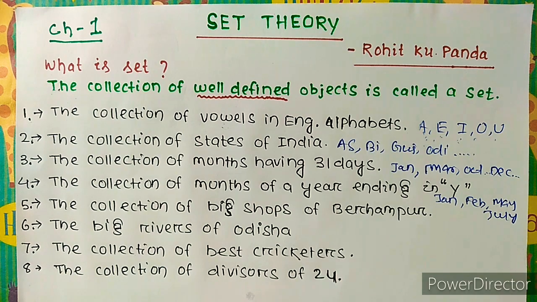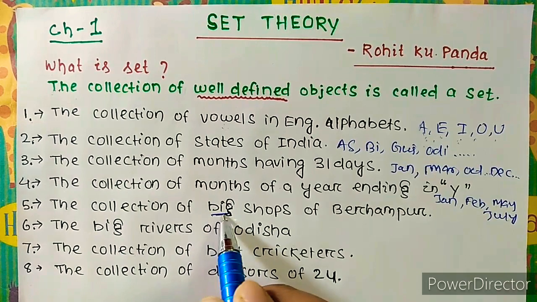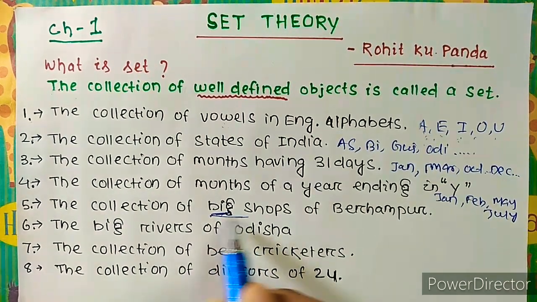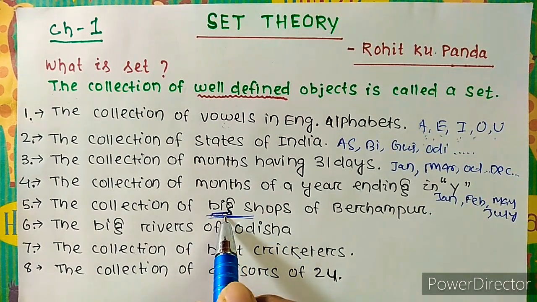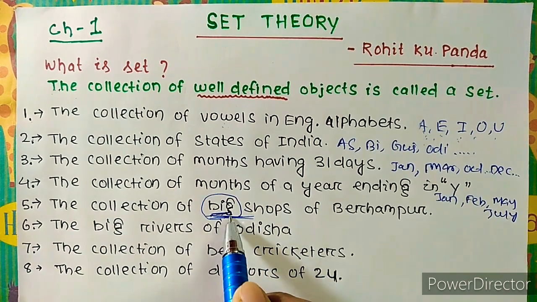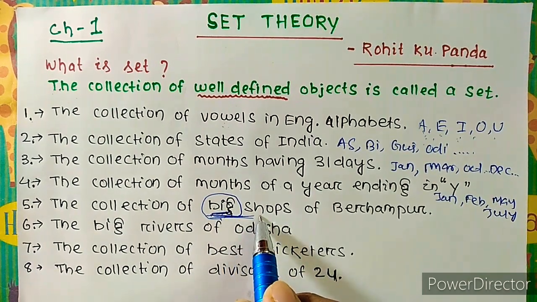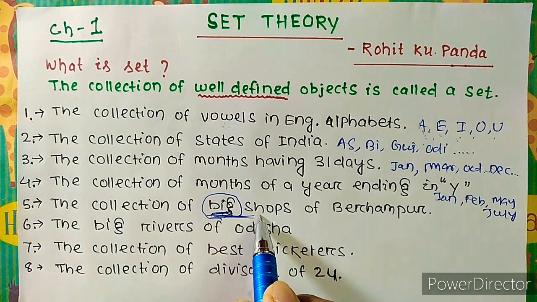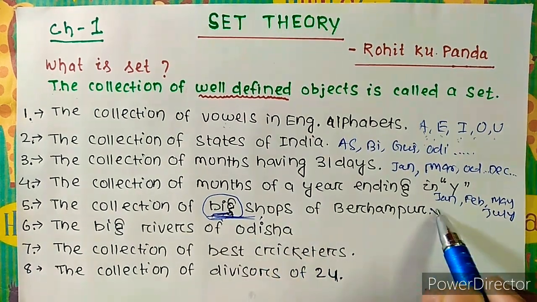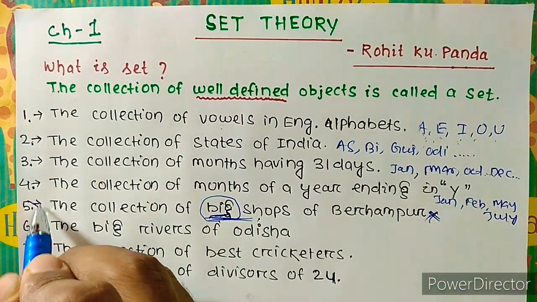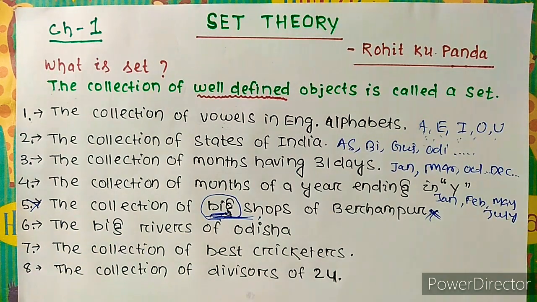We can understand that it will not be a set because it is not giving a clear idea by using the word big. So we finally conclude that this word big has confused our mind, we can't understand the big shops, so it is not well defined, so it cannot be a set. So this number 5 cannot be a set.